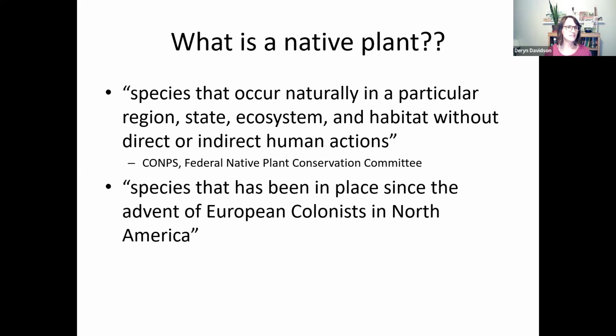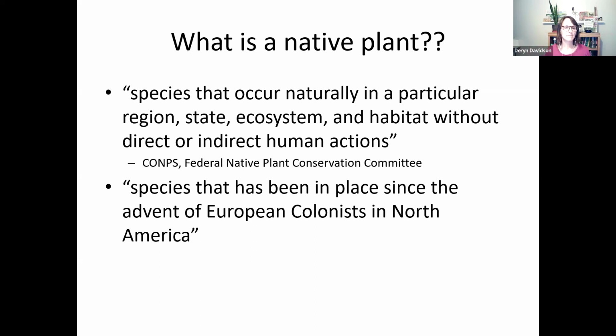And then we have species that have been in place since the advent of European colonists in North America. So you can see with both of those, it's about human interaction or human intervention. We know that Native Americans moved plants around, but they didn't bring plants from other continents.